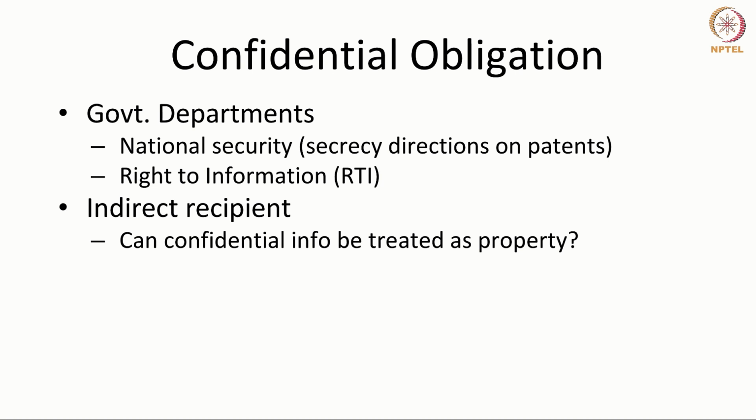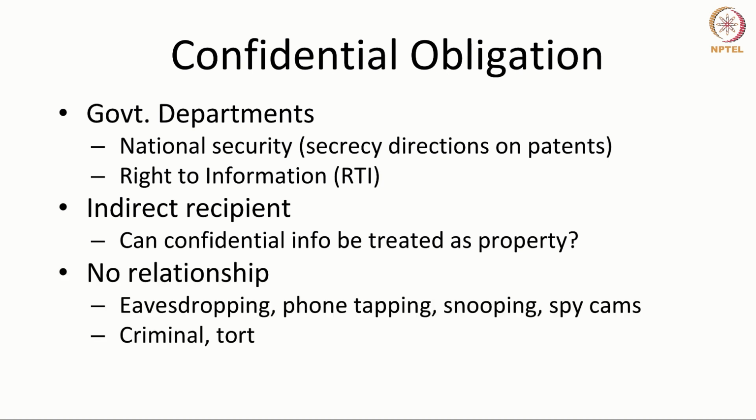Now, the courts have said that this will turn on whether confidential information can be treated as property, and the law on this point is still not clear. What happens when there is no relationship between the parties? For instance, eavesdropping, telephone tapping, snooping, spy cams. What happens to the information that is received where the person who receives the information has no relationship whatsoever?